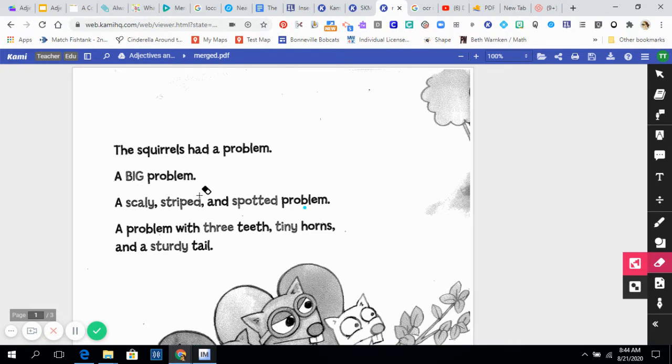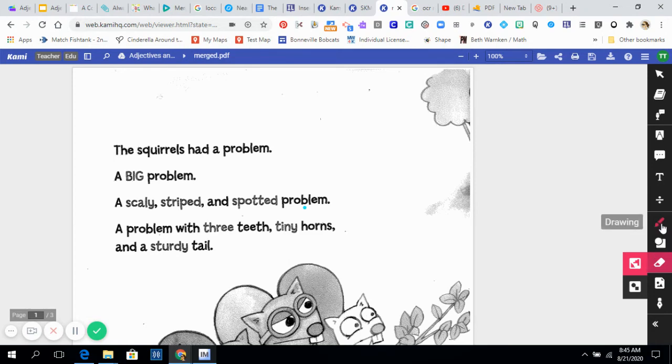A big problem. Ooh, boys and girls, I heard big. I know that is a describing word. It's telling me how something looks, and I see the noun determiner here, a, that's signaling that a noun is coming. But there's an adjective between them. And look, here is the noun. And I know the adjective always comes, not always, but mostly comes before the noun.